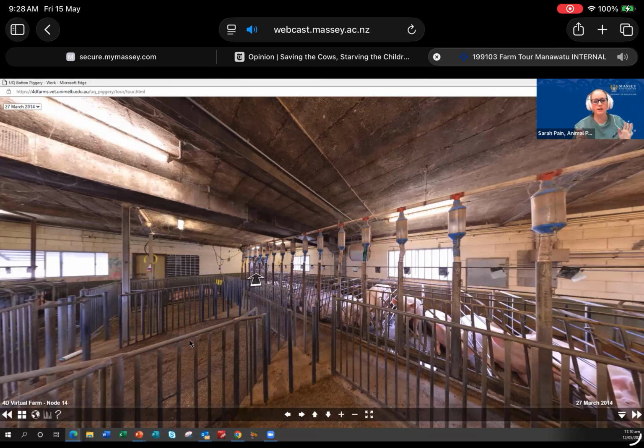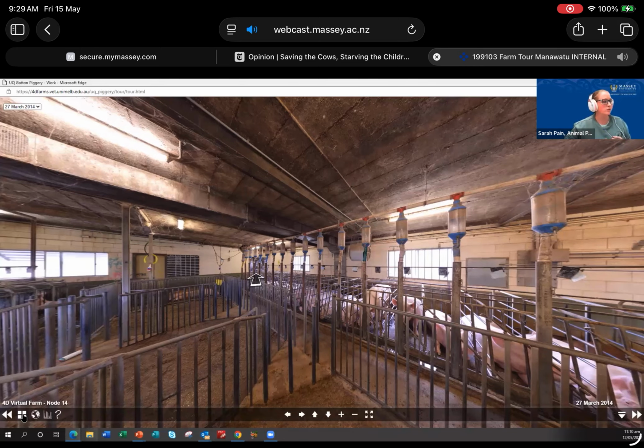So by keeping them in individual pens for that first period, whilst conception and implantation are occurring, you increase your chance of conception rates, especially with younger pigs, with gilts who are being mated. But yeah, so this is sort of for the sows.